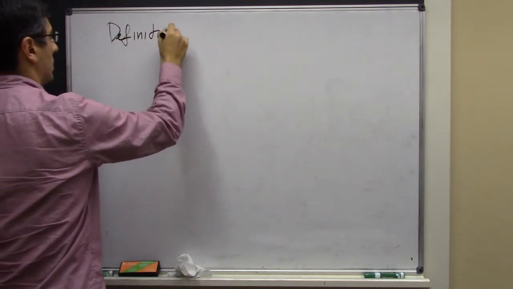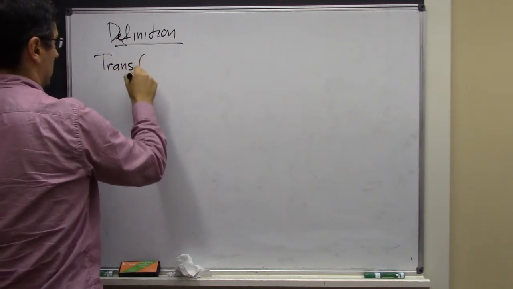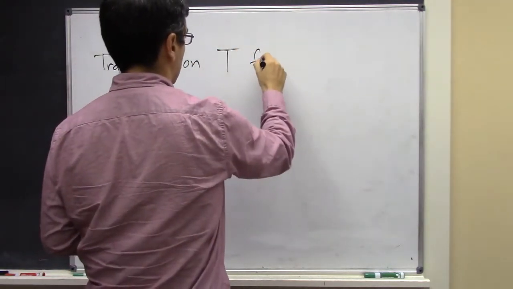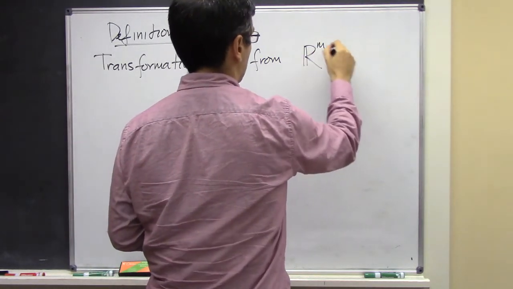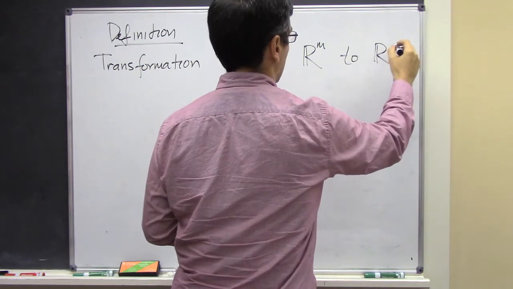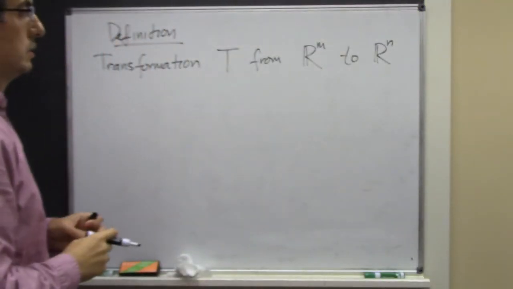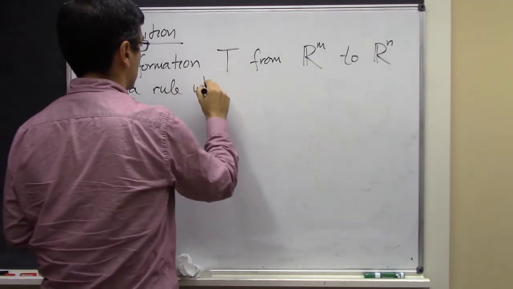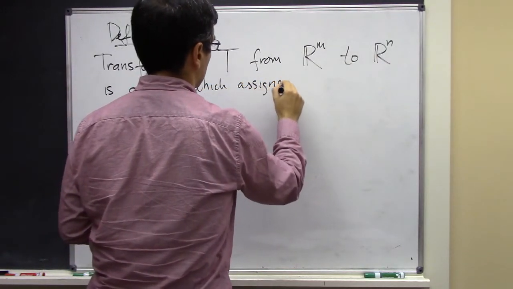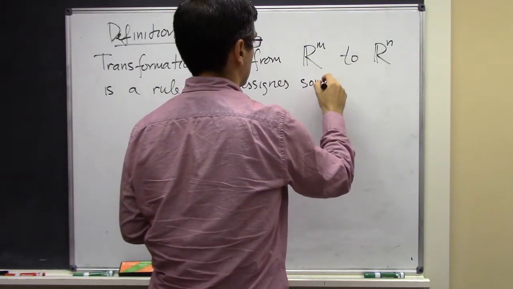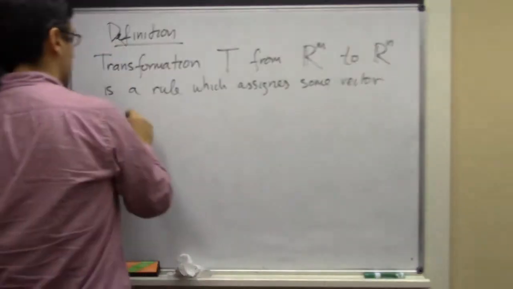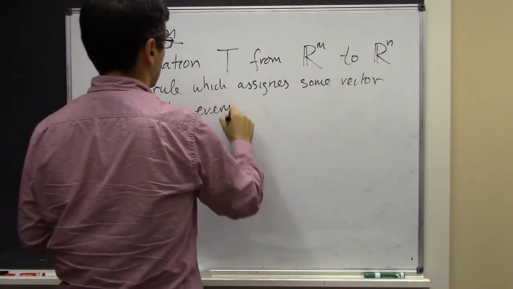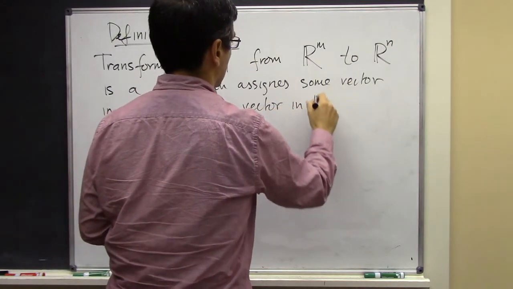A transformation T from R^m to R^n is a rule which assigns some vector in R^n to every vector in R^m.